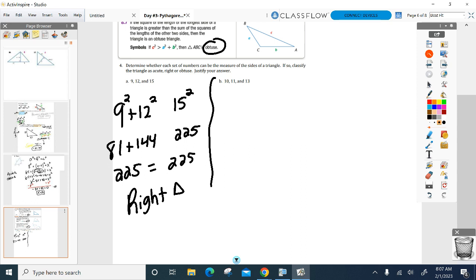That's not going to be the case in part B. 10, 11, 13. Is that going to be acute, obtuse, or a right triangle? Well, you take the 2 smaller sides, 10 squared plus 11 squared. How does that compare to the largest side, 13 squared?